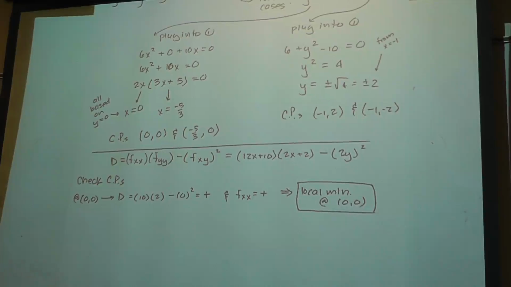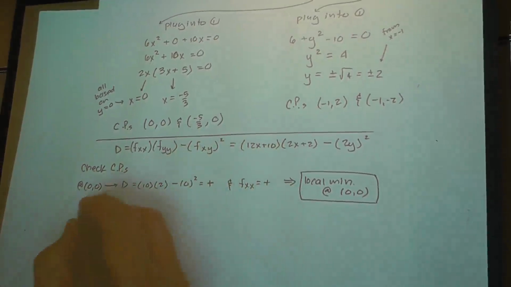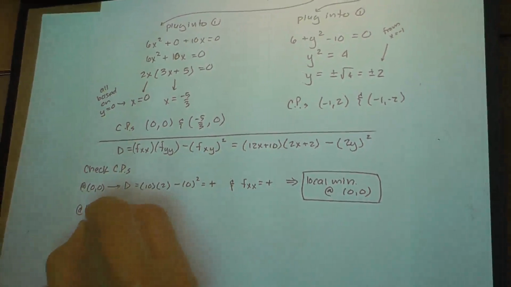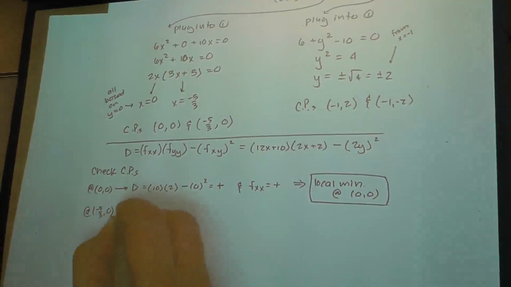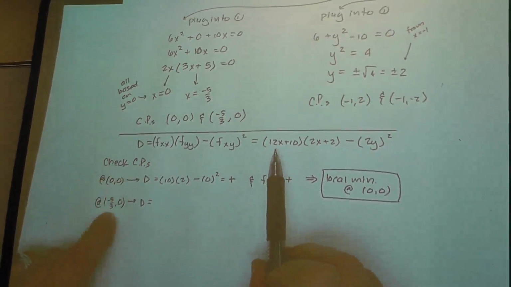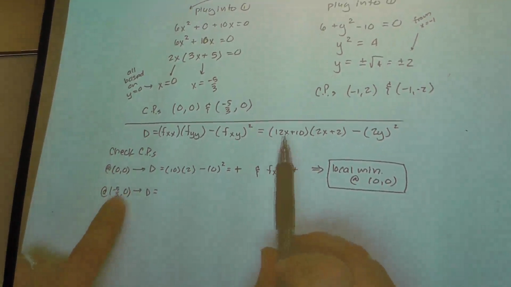New critical point to check. Let's do the funky one with the fraction. At negative 5/3 for x, 0 for y, we carefully calculate d here. 12 times this x is going to be 3 to 12, 4, negative 20 plus 10.